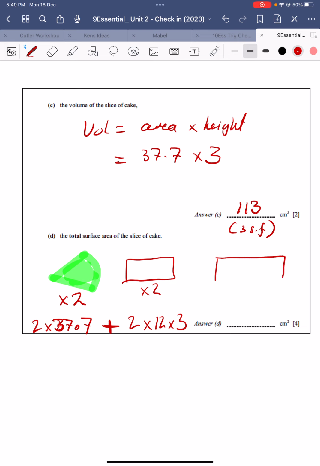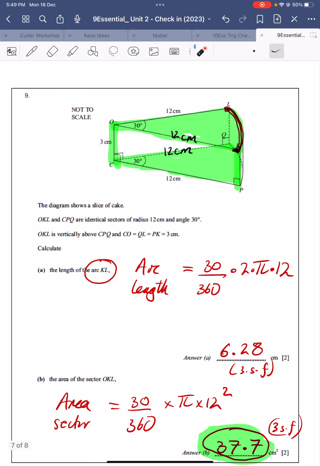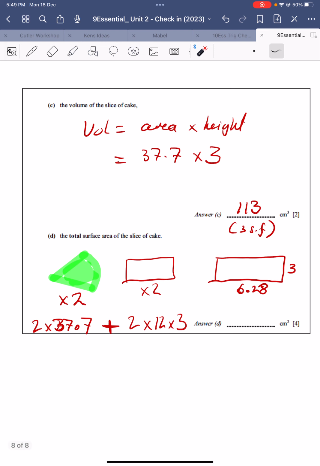And this rectangle here is 3, and this is the 6.28, because the length of this piece of paper, if you think about it as a label, is the same as this length and also this length on the bottom. So that's quite tricky, right? 6.28 times 3.